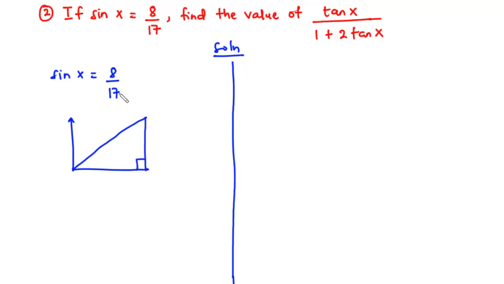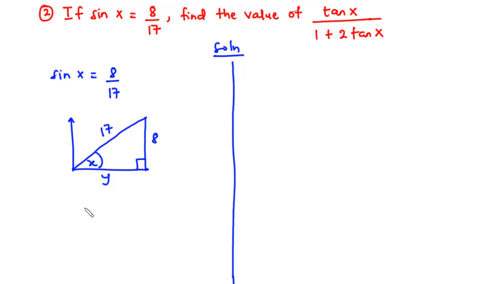According to SOHCAHTOA, we have sine x to be opposite over hypotenuse. So this is the angle x. Opposite to the angle we have 8, and then the hypotenuse is 17. Now let the adjacent side be y.